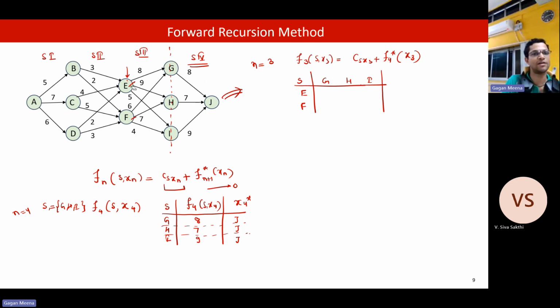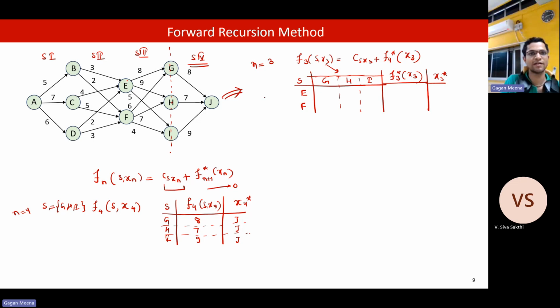That we want to calculate, and this value we have to write here. And here it is F3. What is the minimum value, and which out of E and F is resulting in that minimum value?